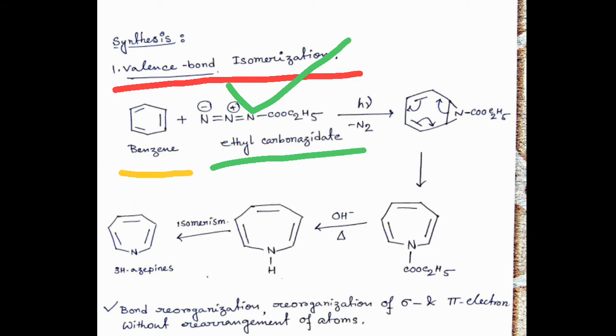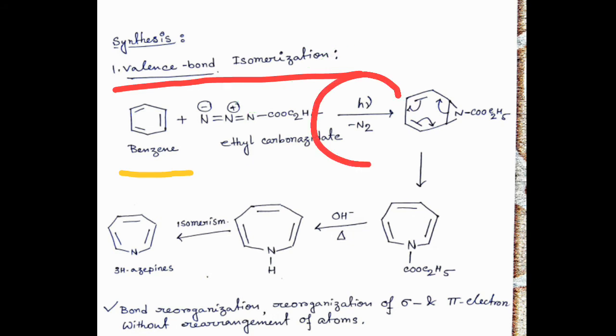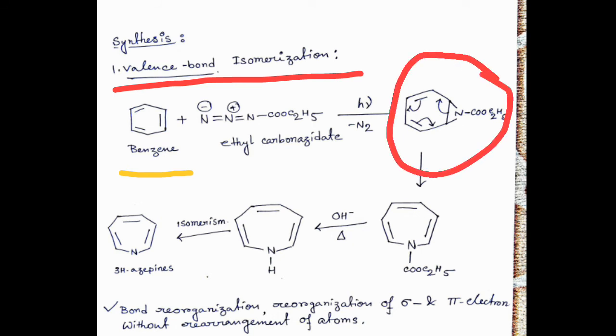This is the specific structure of ethyl diazoacetate. Whenever these two compounds react in the presence of hν, that is light, with loss of N2, they are converted into this specific complex structure.